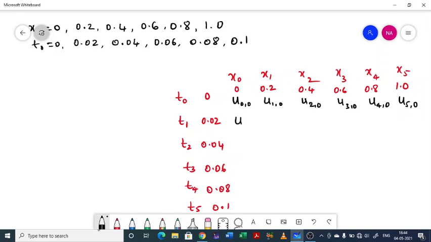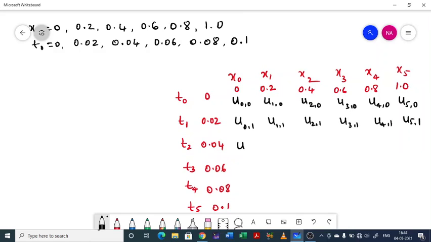Second row, u 0, 1, u 1, 1, u 2, 1, u 3, 1, u 4, 1, u 5, 1.